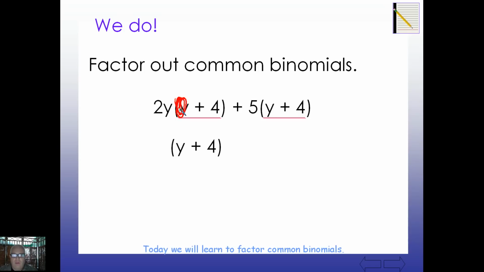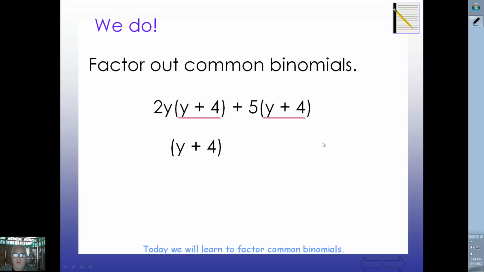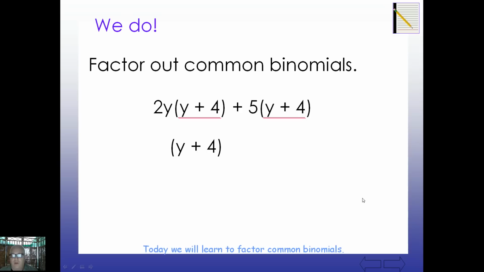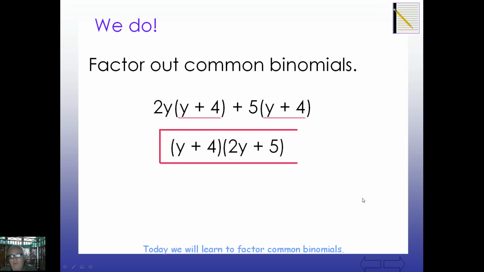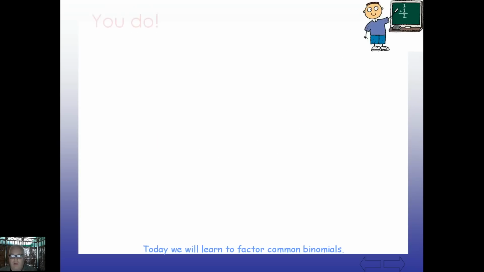What if we eliminate the y plus 4, eliminate the y plus 4, what's left? Well, what's left is 2y plus 5. So we're kind of pulling that out, we're seeing what's left behind essentially. And what's left behind here is this piece right here. y plus 4 in parentheses times the quantity 2y plus 5. Okay? And that is your factoring common binomials right there.